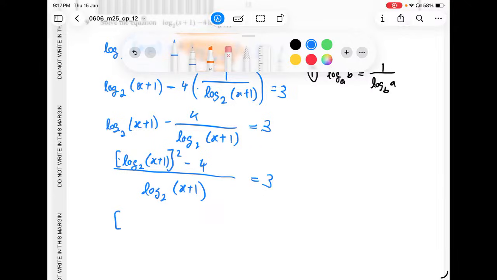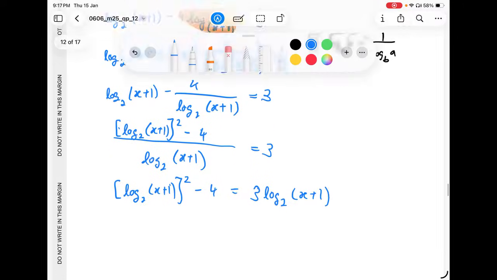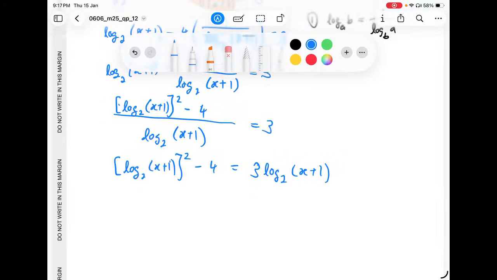So now, log_2(x+1) squared minus 4 equals, you transpose the denominator to the other side, you multiply it with 3 log_2(x+1). So now we bring all to the same side: minus 3 log_2(x+1) minus 4.